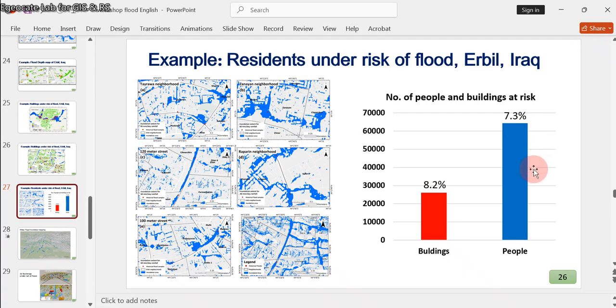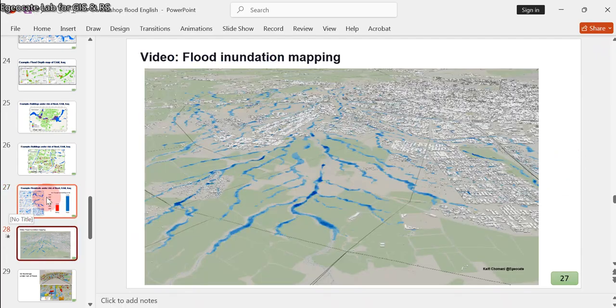But for the people, more than 7.3% of people, more than 60,000 people, are under risk of the flood in Erbil City, which is actually a huge number of people highly at risk. So we can actually get this.